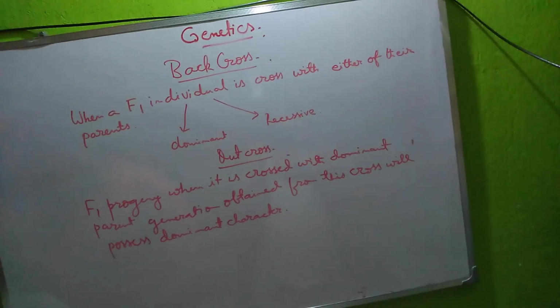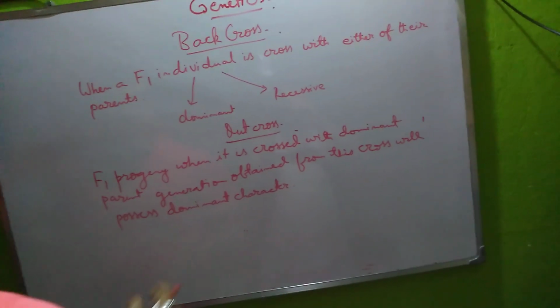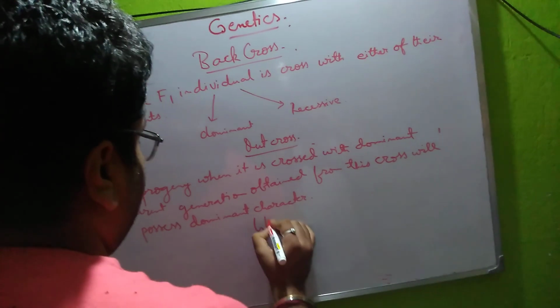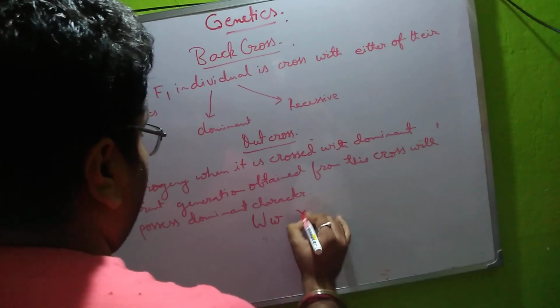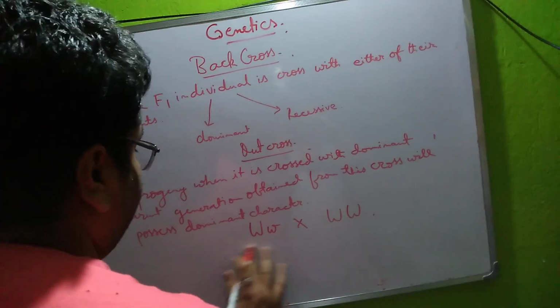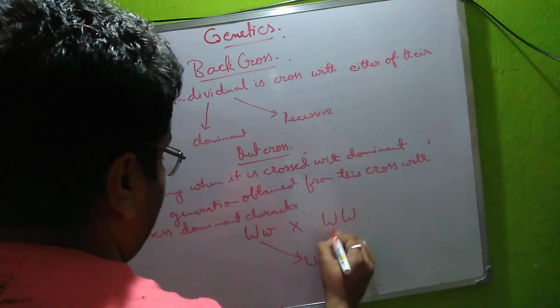Let us take an example. F1 progeny crossed with a dominant parent. Suppose I am taking capital W and small w, and I am crossing it with capital W and capital W. So what I will be getting from here? These are the two gametes, both will be coming, and from here one allele will be coming.